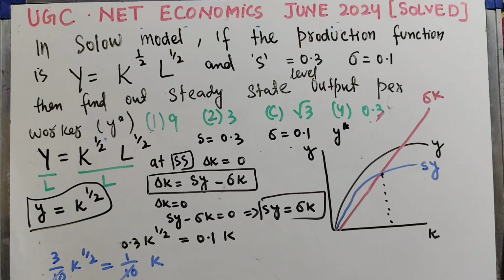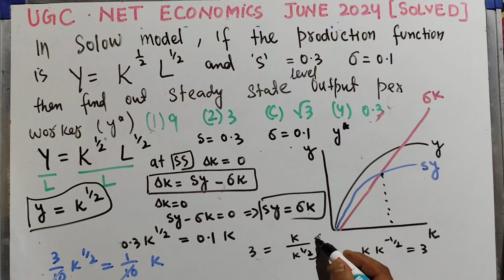So the 10 and 10 get cancelled on both sides. Solving for k, transposing this k here, which implies 3 is equal to k divided by k raised to the power 1/2. Solving it further, we will get k times k raised to the power minus 1/2 will be equal to 3.